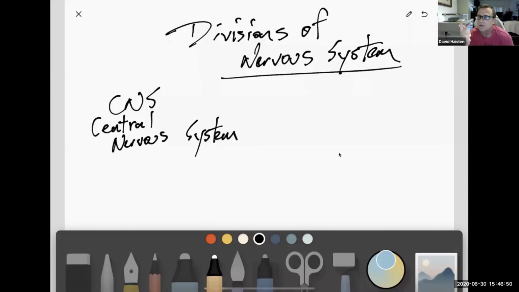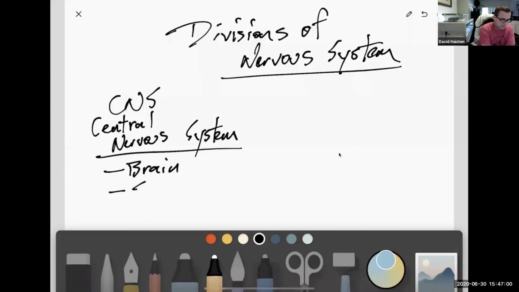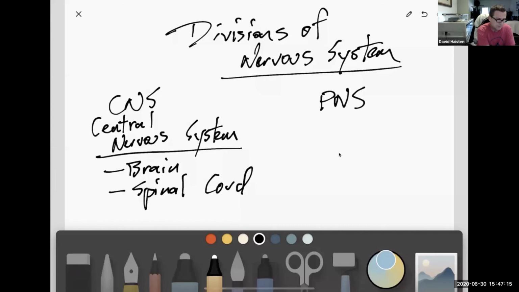There are only two parts to it, and no more. Your brain and your spinal cord. Nothing else. Then you have the peripheral nervous system.